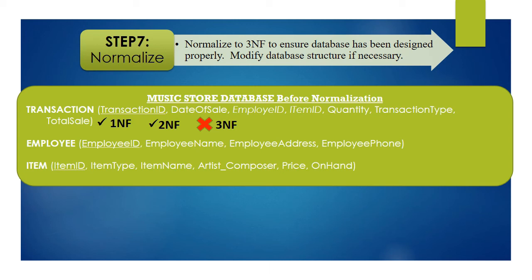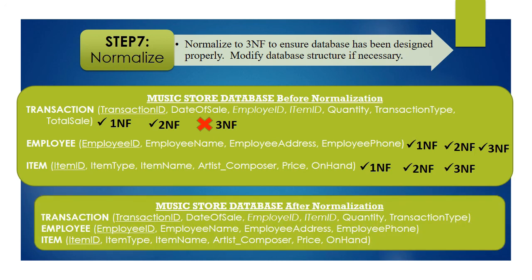So you will have to remove that attribute for it to be in third normal form. You can write code for calculations if you remember from the third normal form video. There are no normalization violations for the employee table or the item table. Therefore, our final tables become what you see here.